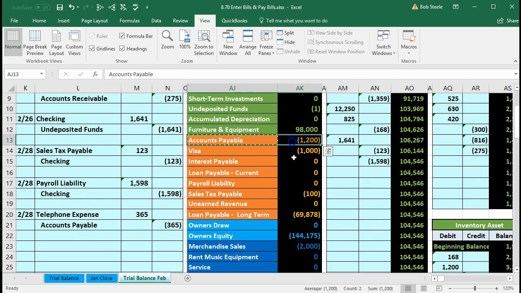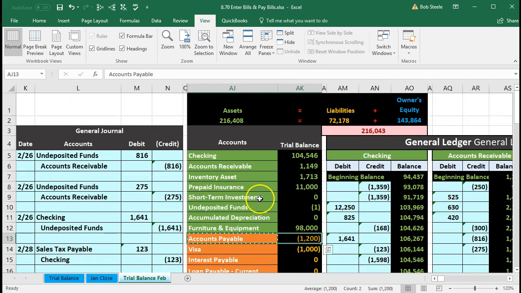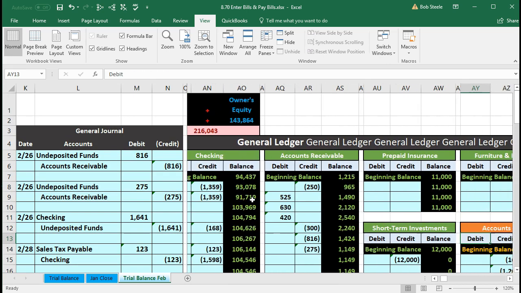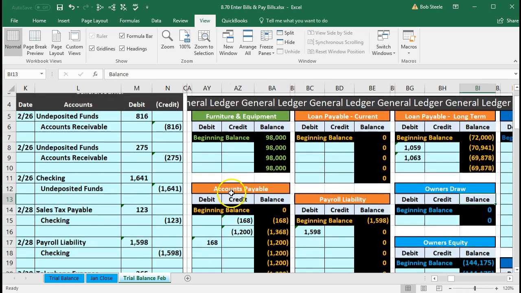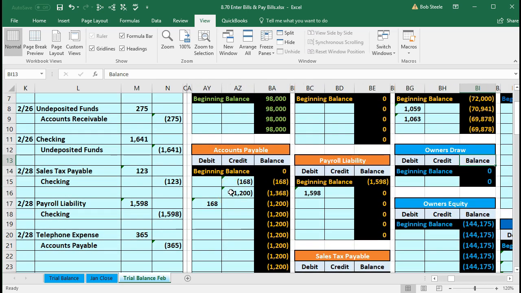Here it is on the trial balance, first orange account on the trial balance, and therefore first orange account on the general ledger. Scroll to the right to find that first orange account on the general ledger. We see it here in columns AY through BA, and we need to be here on the credit side because this is a credit. So we are on the credit side in cell AZ18.